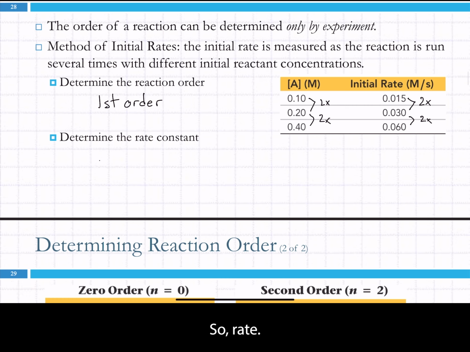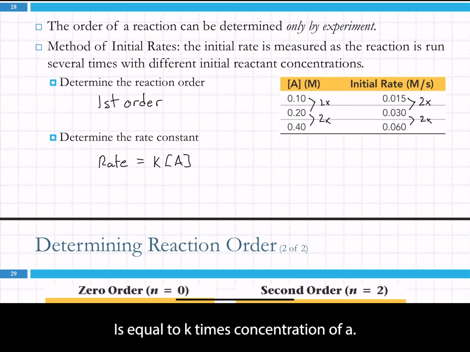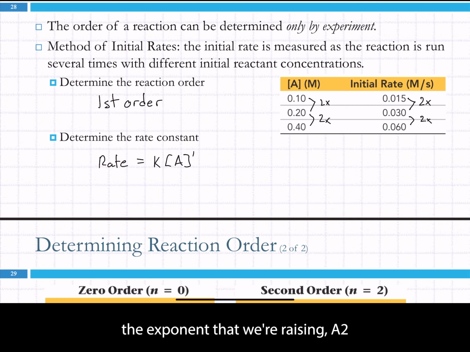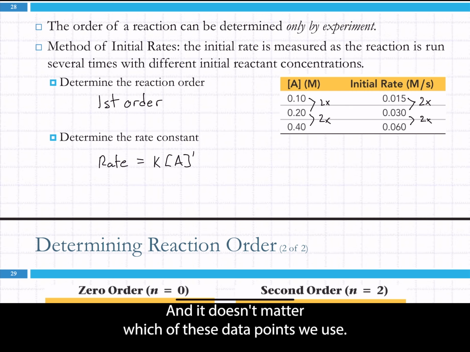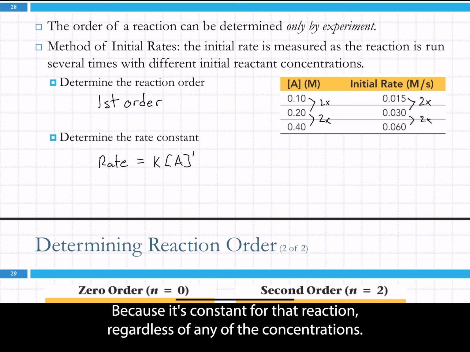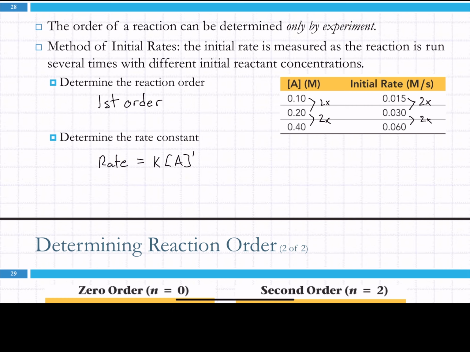So rate is equal to k times the concentration of A. Because we determined already that it's first order, the exponent that we're raising A to is also 1. And it doesn't matter which of these data points we use, because the rate constant is constant for that reaction, regardless of any of the concentrations.